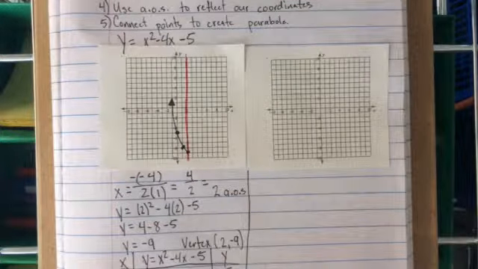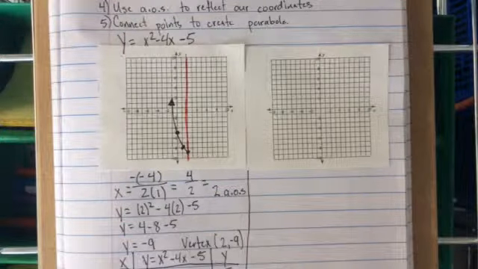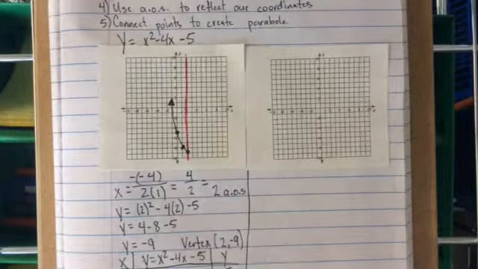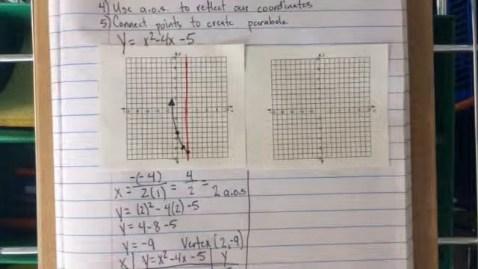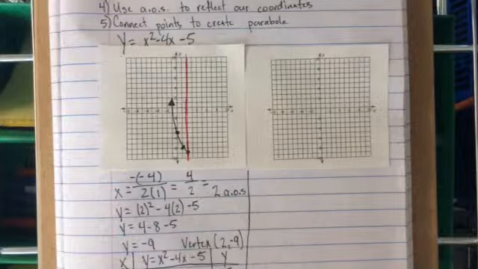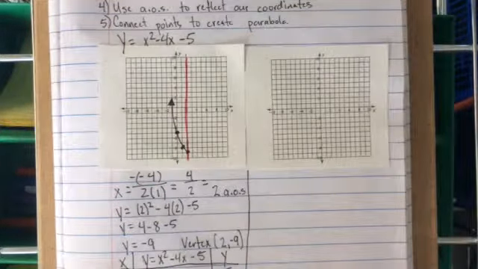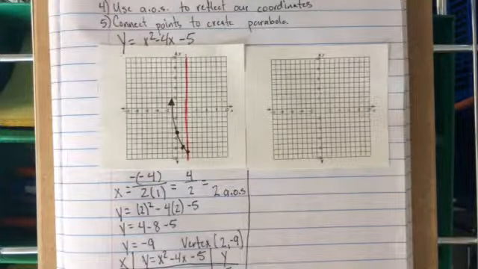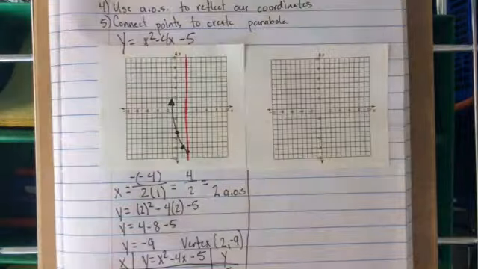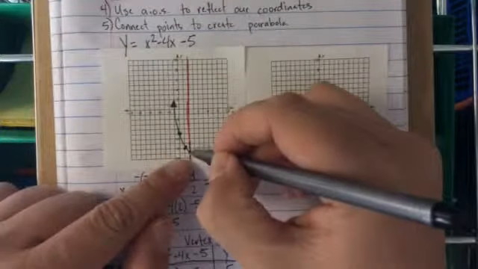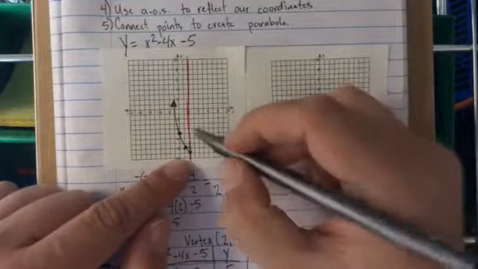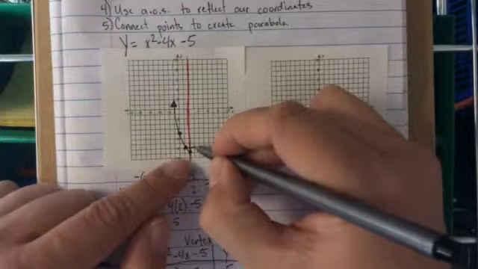How might we use the axis of symmetry to help us find more points on the other side? Step 4 uses the axis of symmetry to do what? Reflect it. So if we were to fold along that red line, we'd have the other half of the parabola. So we went over 1 and up 1 here. If we went over 1 and up 1 on the other side, we'd have a point.